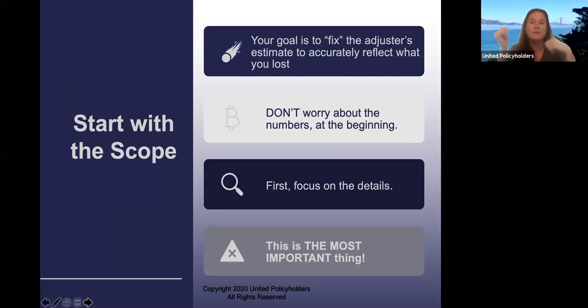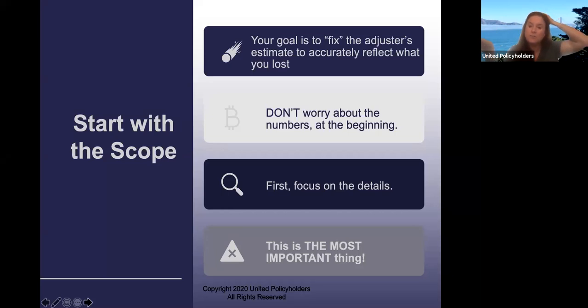But what happens is the adjuster has something that they think is reasonably correct. And then you send in a contractor's bid and they're $100,000 apart. And the adjuster's like, yeah, it's too high. Our estimate is this and your estimate is that.